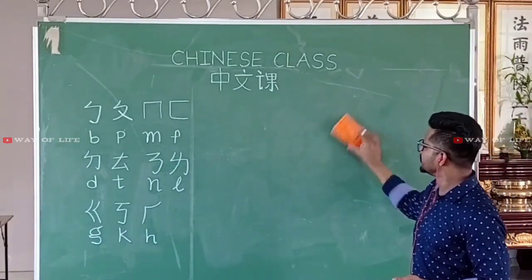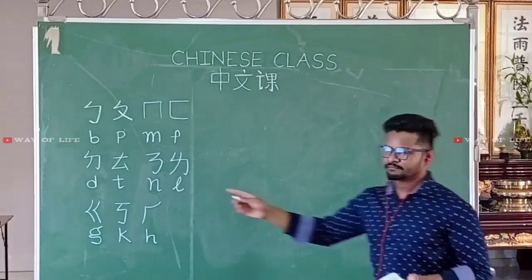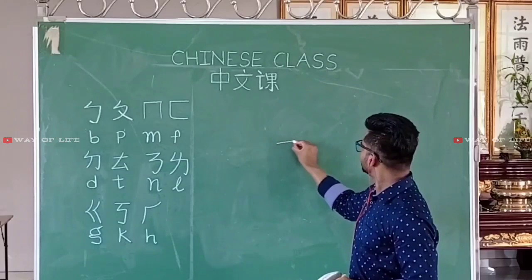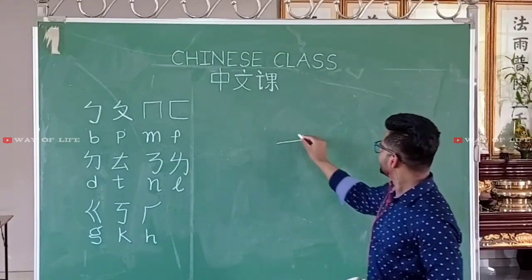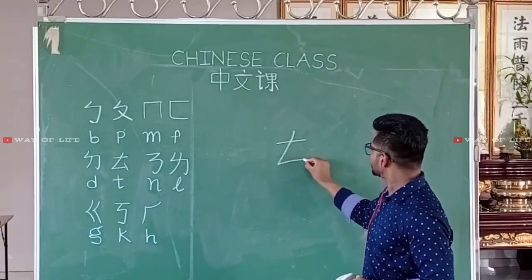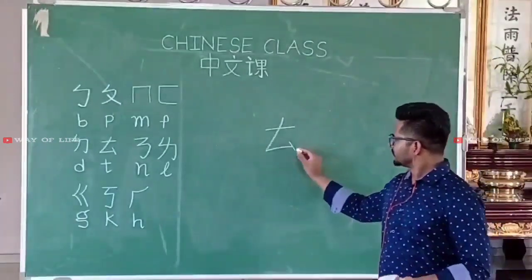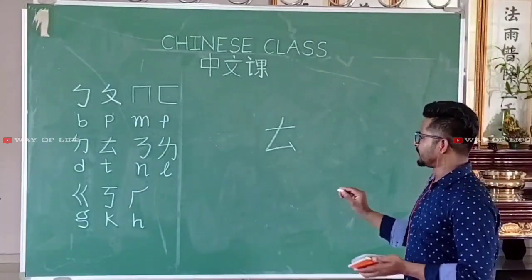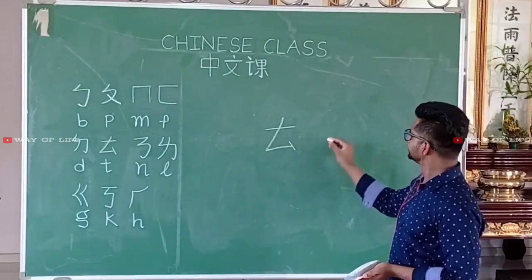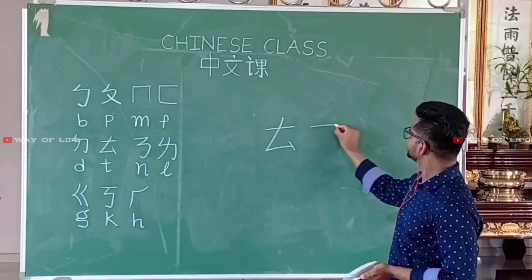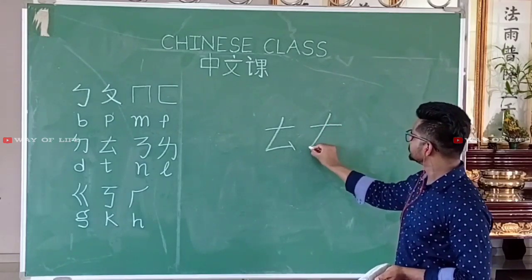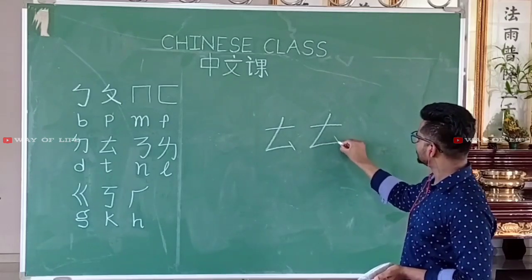Let's move to the sixth alphabet. It is Th. How to write it? 1, 2, 3. Let's try and write it again. Let me tell you the steps. This is Th. 1, 2, 3 and 4.